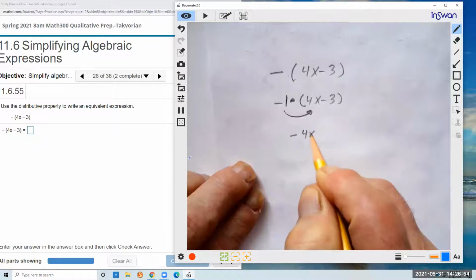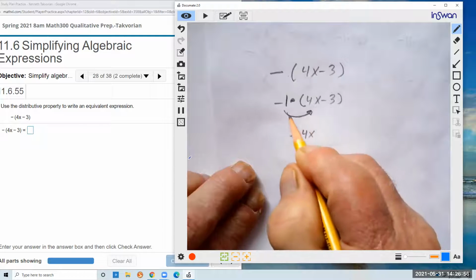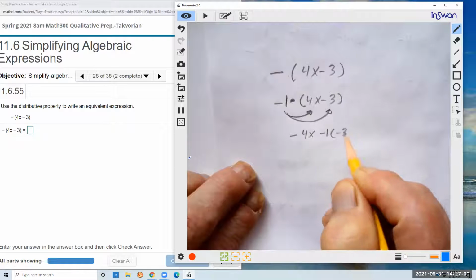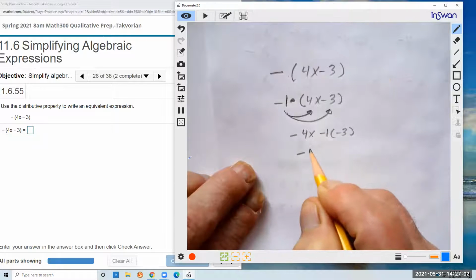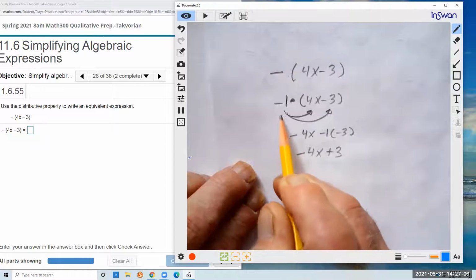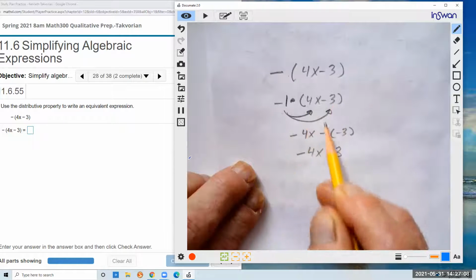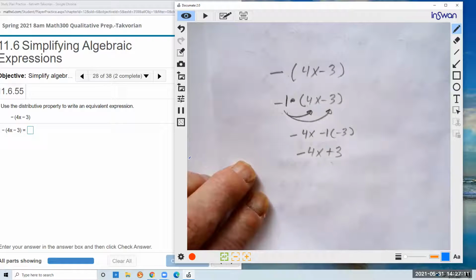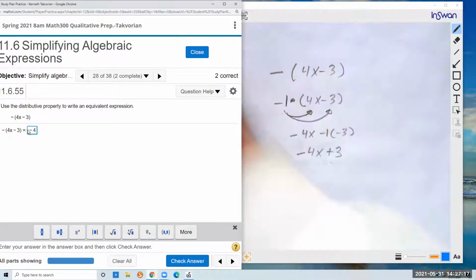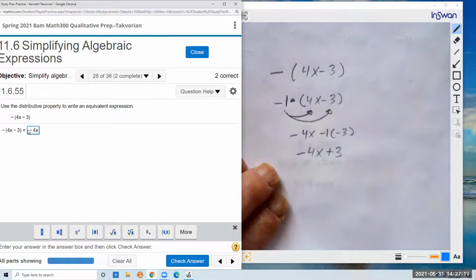So that's negative 4x. And then take the negative 1 times the negative 3. So our final answer is negative 4x plus 3. Notice I'm taking minus 1 times each of these two terms to get my final answer. So we have negative 4x plus 3.